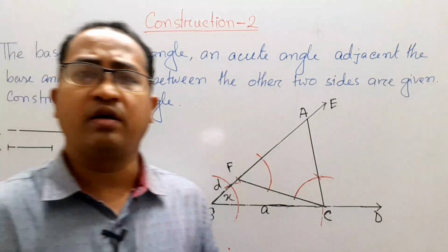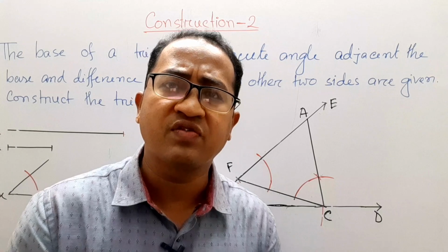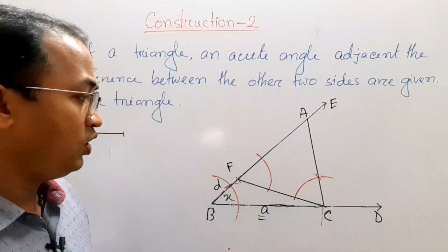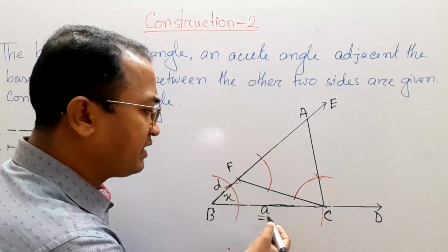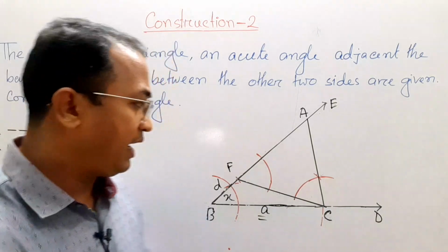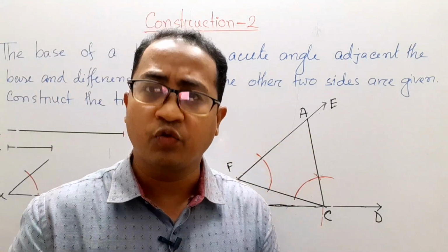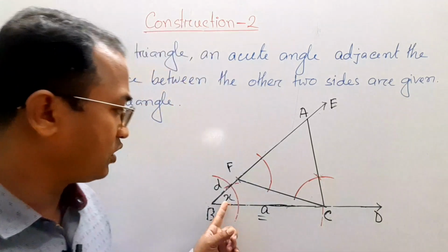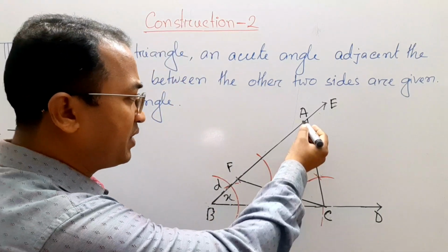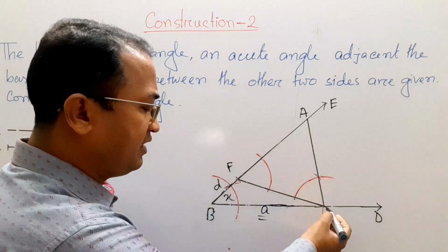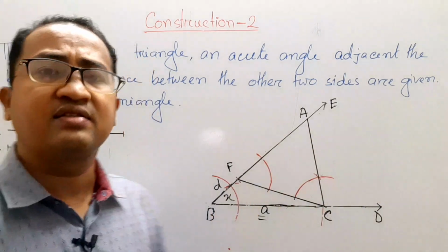How is ABC our required triangle? Look, BC is the base, that is A, and angle ABC, the angle adjacent to the base at B, is equal to X, and the difference of AB and AC is equal to BF, that is D.